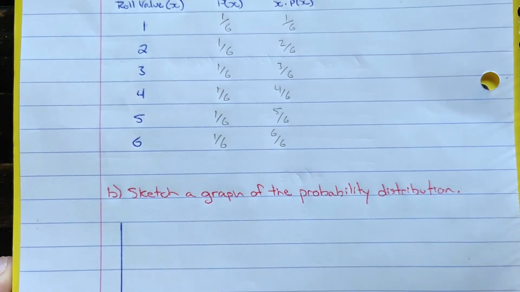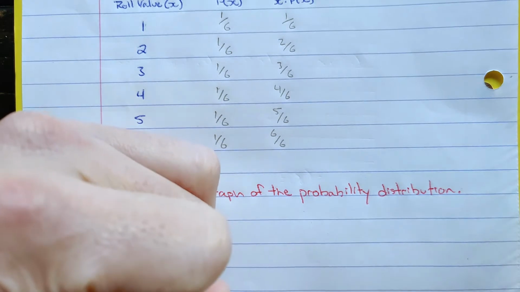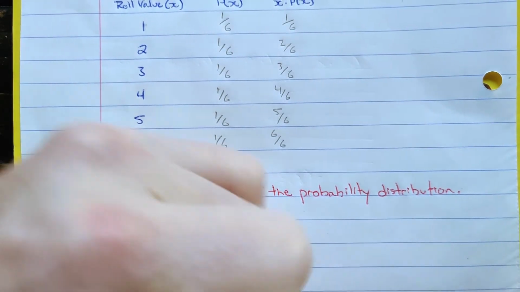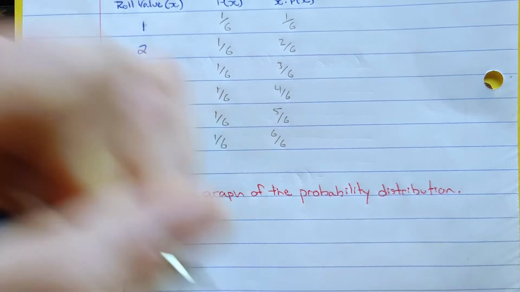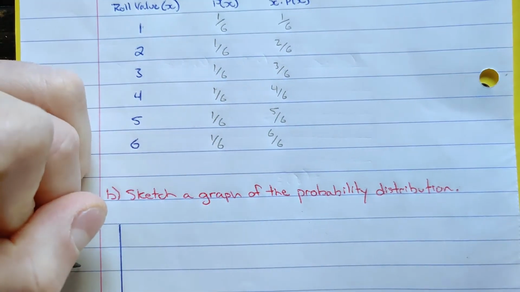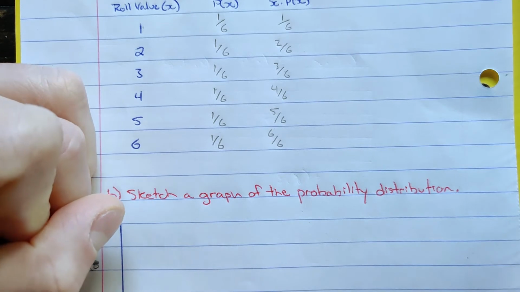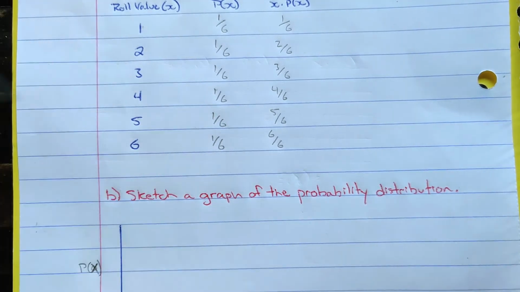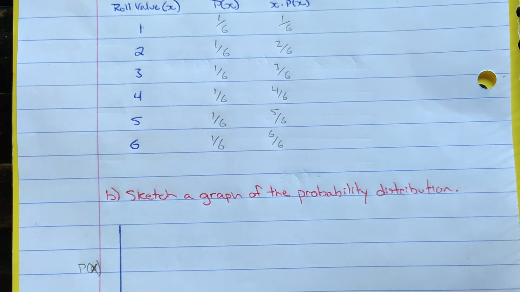The next part says sketch a graph of the probability distribution. So this is a graph of the roll value, which is our little x, compared to the probability, P of X. For each case, the probability is 1 out of 6, which is 0.166666 repeating.